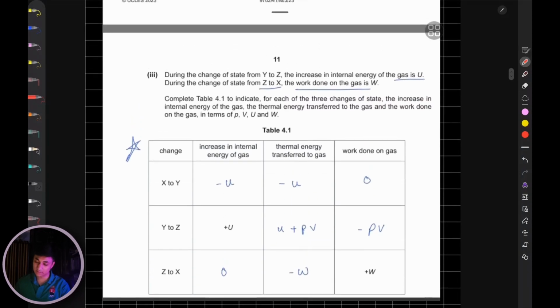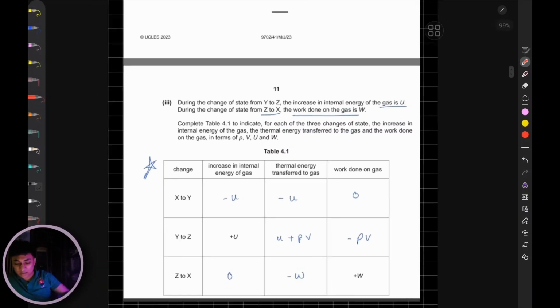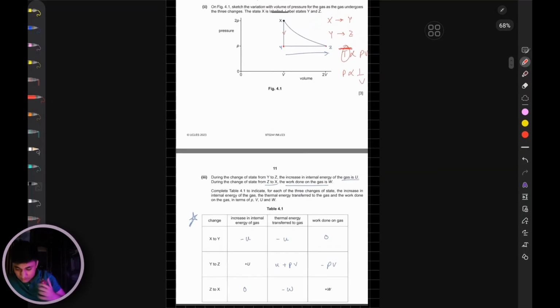So once you have drawn all the state changes, move on to the next question, where the problem really begins. Part 3: during the change of state from Y to Z, the increase in internal energy of the gas is U. Remember, del U is equal to thermal energy transferred plus work done.